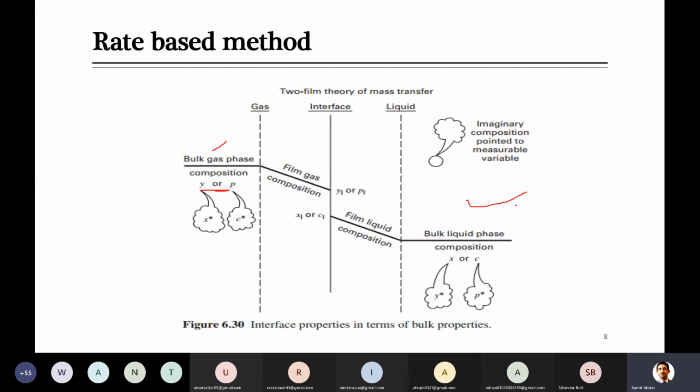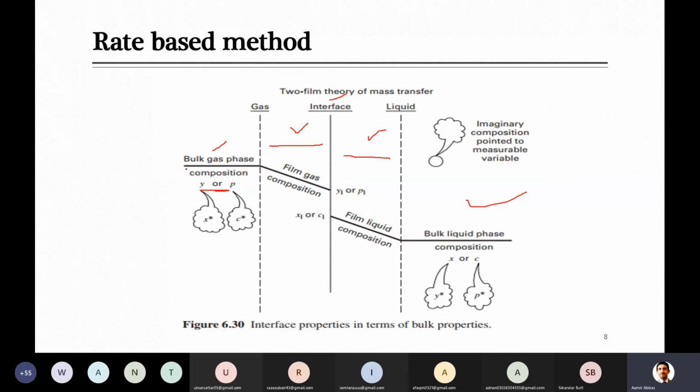On this side there is a bulk liquid phase composition, and when they come in contact, there is one film formed on the liquid side and a small film formed on the vapor side. Due to this, it is called two-film theory. One film is formed on the gas side and the other on the liquid side, and the line where they interact with each other is named the interface.